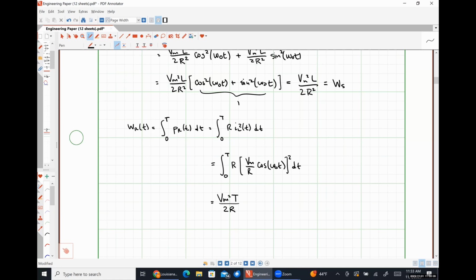The period of our signal is related to the angular frequency omega, right? So capital T is 2 pi over omega, again a Circuits 1 relationship.